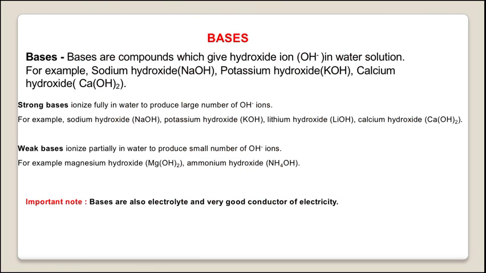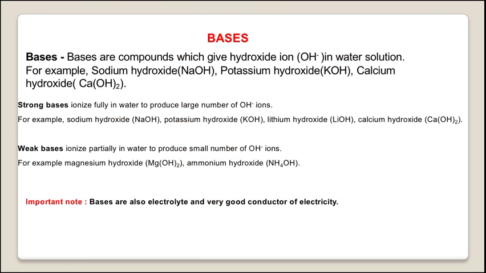Strong bases are the bases which ionize fully in water, dissociate completely. In sodium hydroxide, sodium will dissociate separately, hydroxide will dissociate separately. Any base which completely ionizes in water is known as a strong base, and if it is partially ionized it is known as a weak base, like ammonium hydroxide, magnesium hydroxide, etc. Same as acids, concentrated bases are also very dangerous.